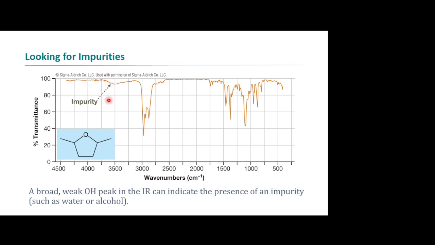It could be alcohol too. I'm not exactly sure because it depends on what solvents they had for this. But water is very, very common, and for alcohol, they could have just dried it a little bit by waiting. But I would hope it's not alcohol. Otherwise, they did such a poor job.